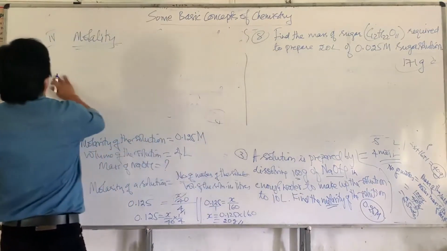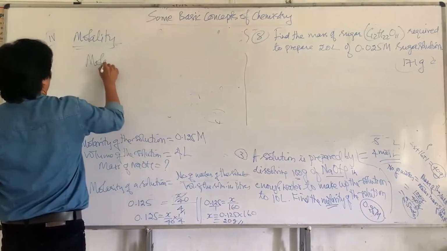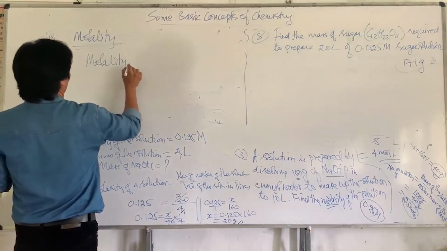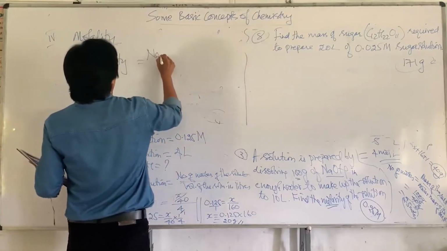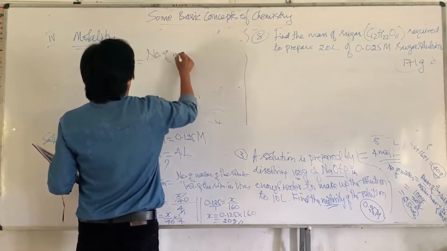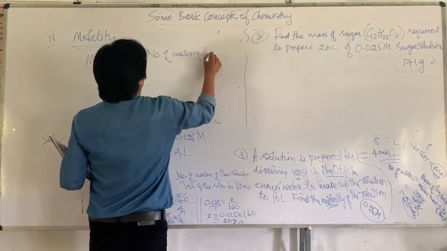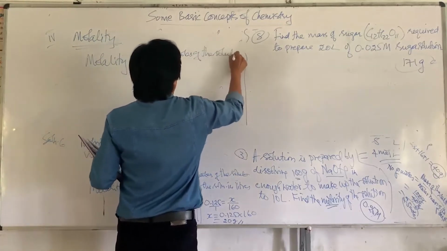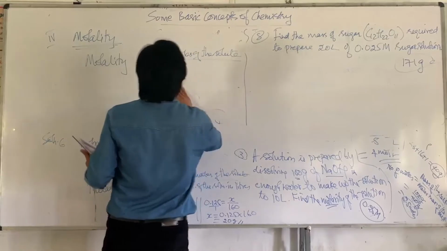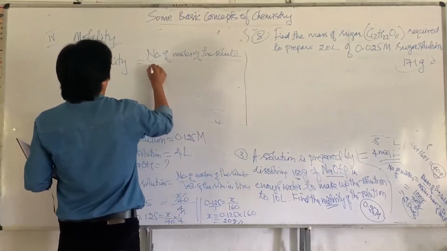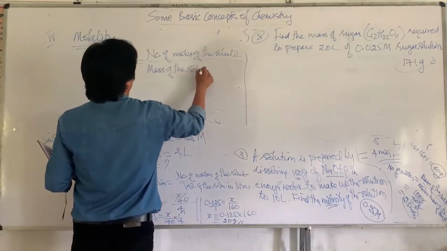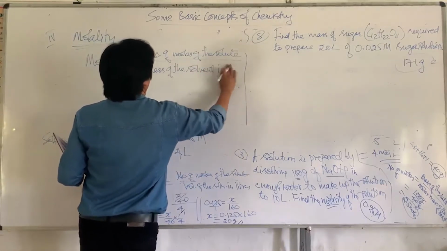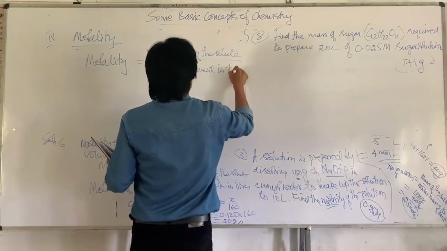So here, the expression is: molality of a solution is given by the number of moles of the solute divided by the mass of the solvent in kilograms.